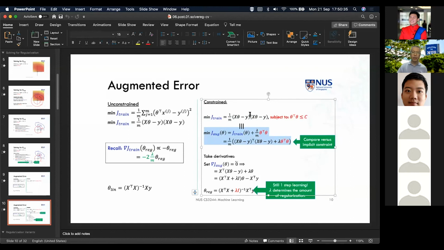We don't make a hard constraint. We're going to add this constraint as an auxiliary loss, and allow the constraints to settle it for us. So we want to minimize our training error, but also minimize this part. This is lambda divided by m, the number of points.